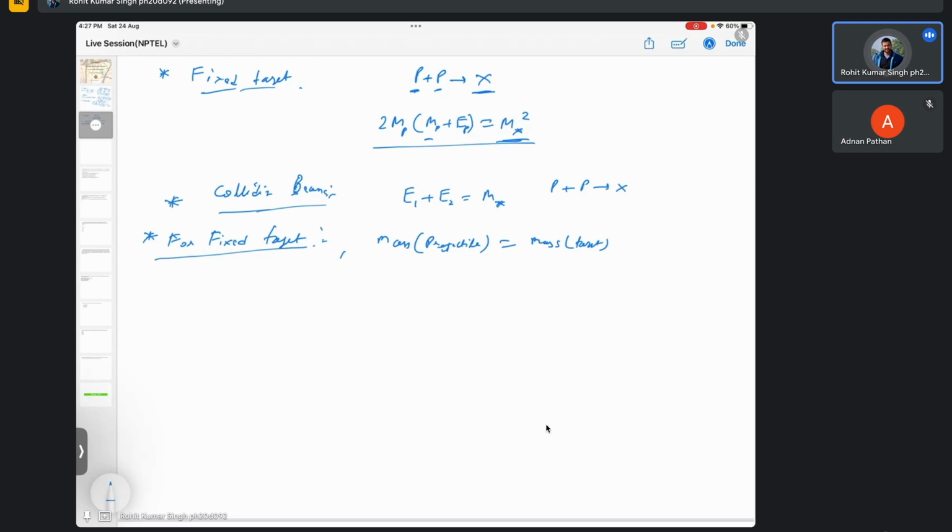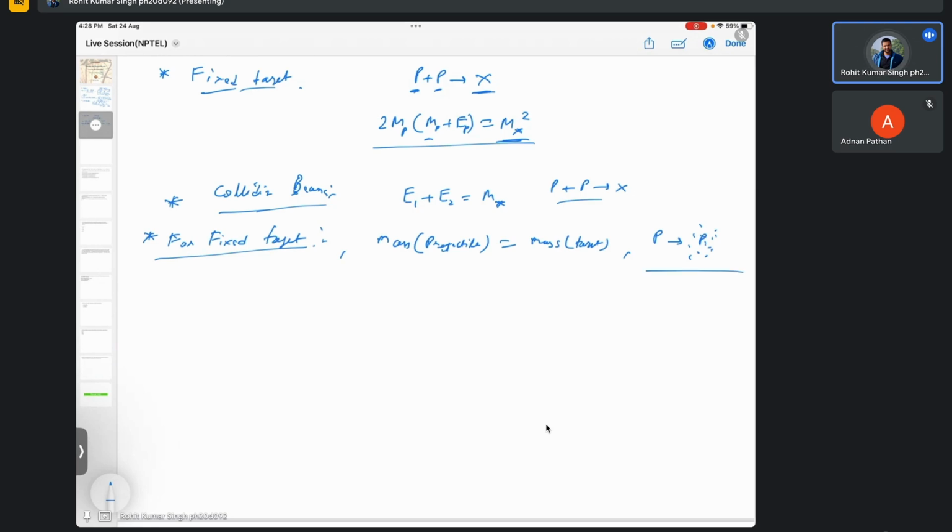So maybe you have protons in the beam, and you are bombarding them on a gas of hydrogen atoms. So you have many hydrogen atoms, so the mass of projectile and target will be the same. Sorry, mass of hydrogen ions. I mean, you have to ionize the hydrogen gas to get protons, right? Okay. Now, this is what you are doing.